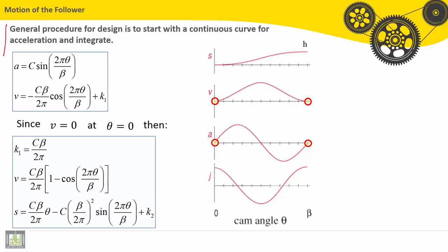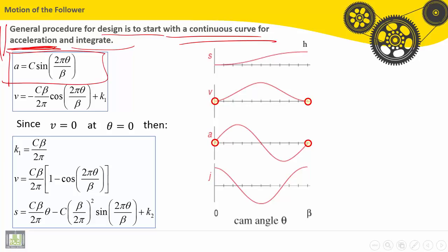It is bad cam design too. The general procedure for design is to start with a continuous curve for acceleration and integrate. Here we have a continuous function for acceleration. We integrate to get the velocity.